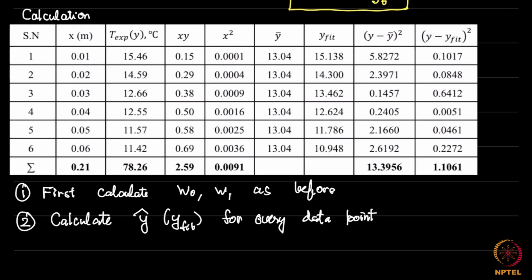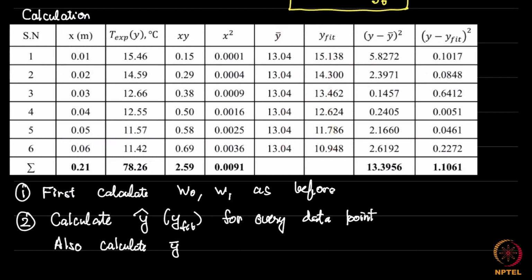Also calculate y bar. Okay, so once summation of y is here, this divided by 6, which is 13.04 approximately, is y bar. We have calculated that. Now we calculate y fit.